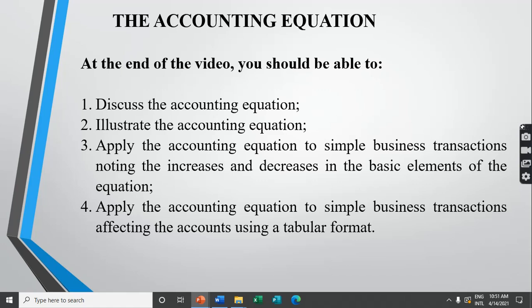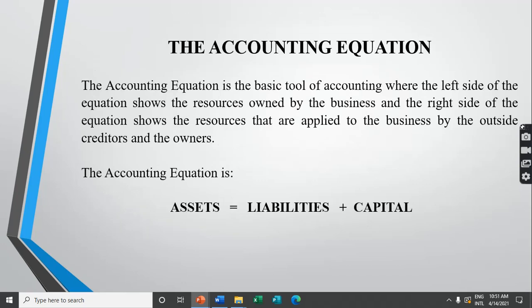Okay? Number 4, apply the accounting equation to simple business transactions affecting the accounts using a tabular format. Okay? Those are our objectives for this lesson, the accounting equation.